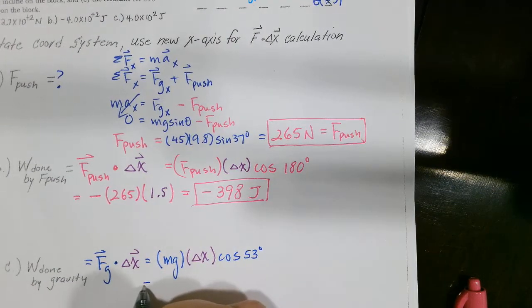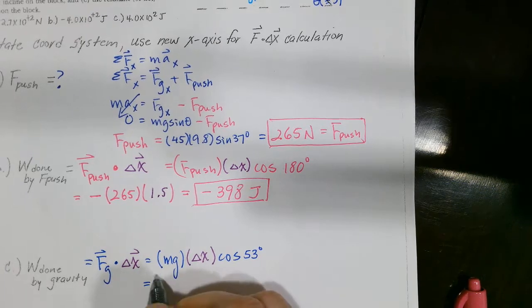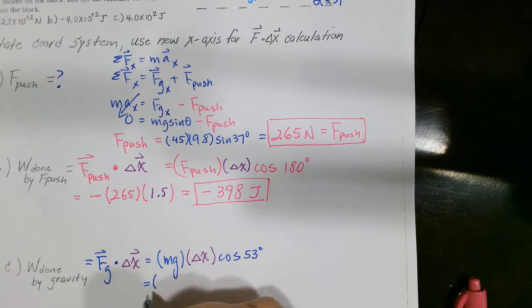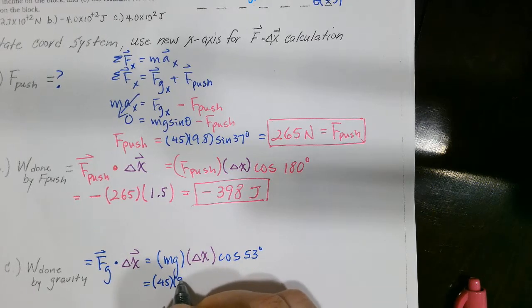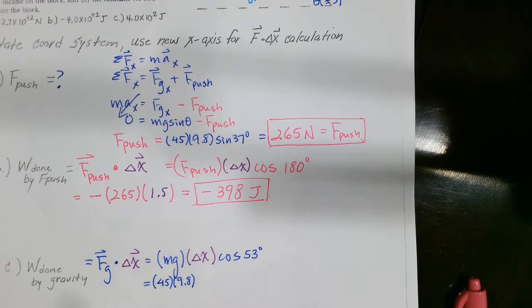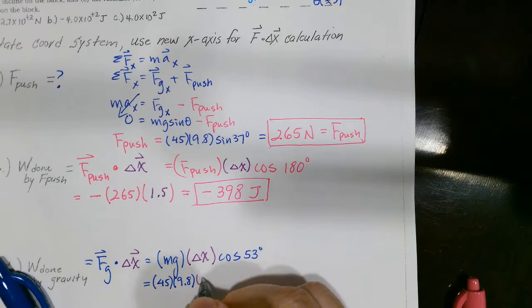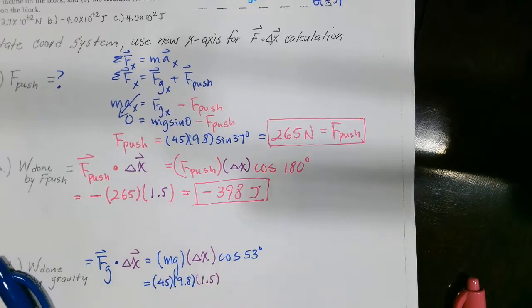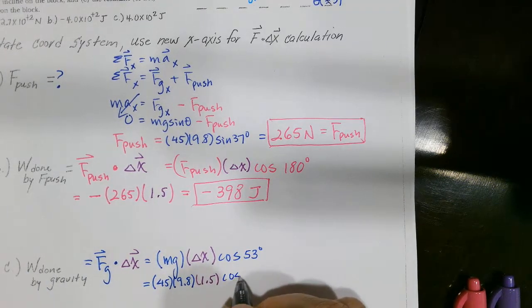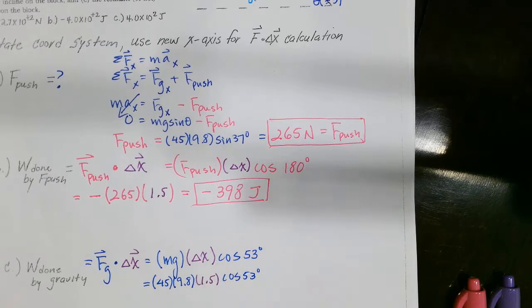Therefore, if I work that out, the mass, which is 45 times 9.8 times 1.5 times cosine of 53 degrees.